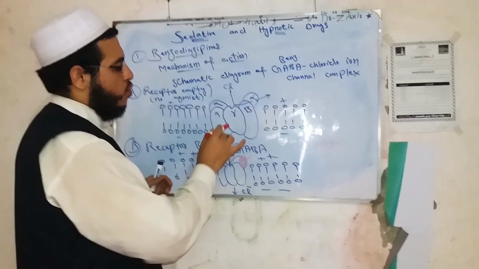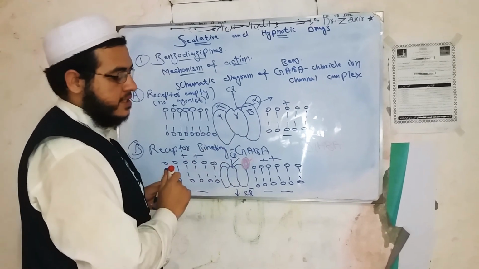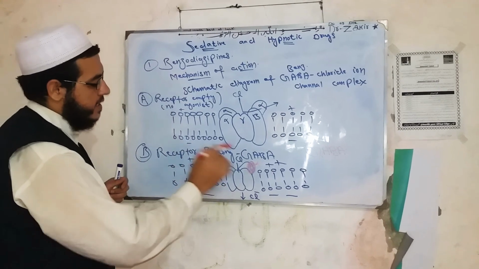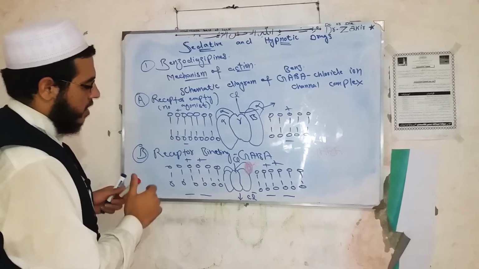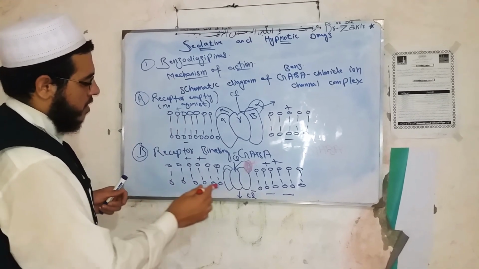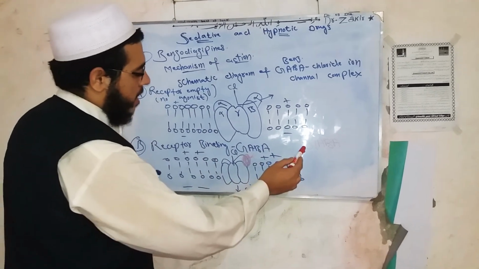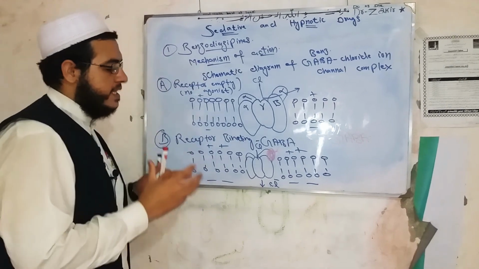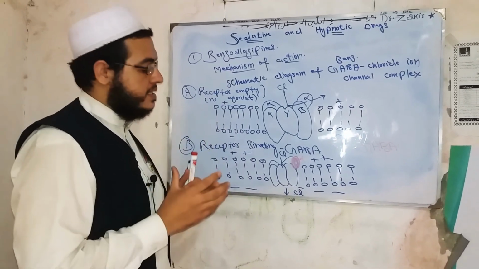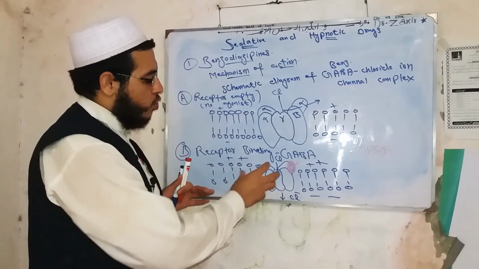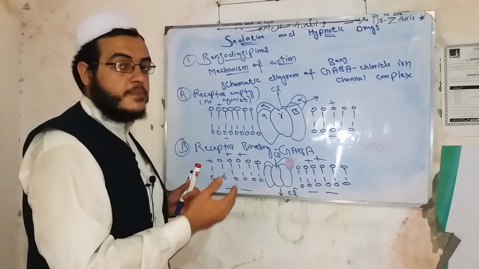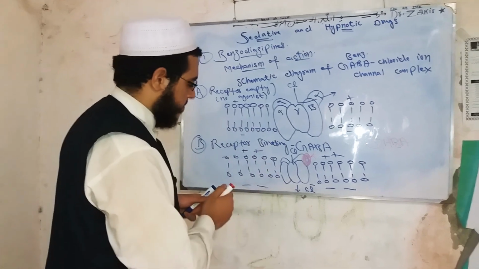No chloride influx occurs here. And in diagram B, receptor binding GABA, the GABA binds with its receptor, and the binding of GABA causes the chloride channels to open, leading to hyperpolarization of the cell.